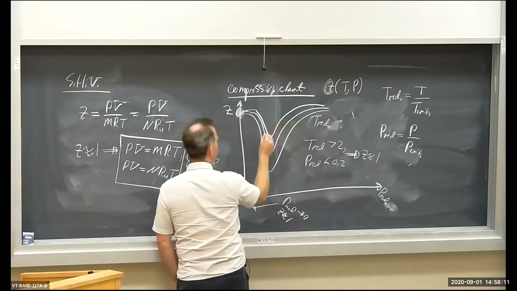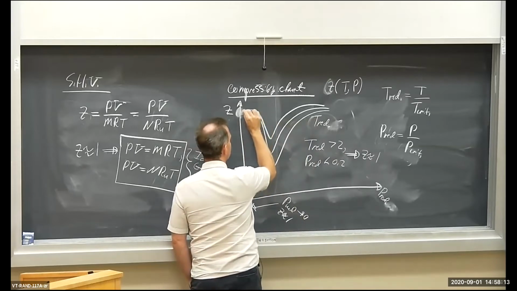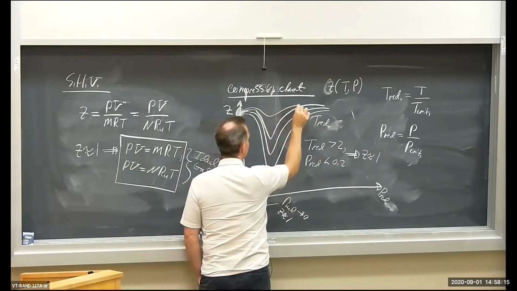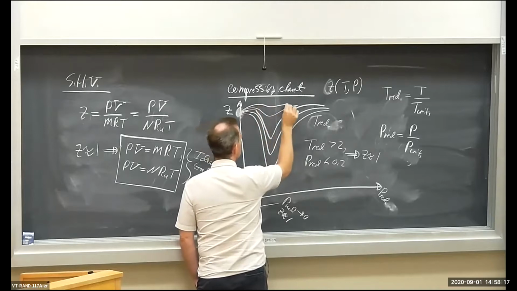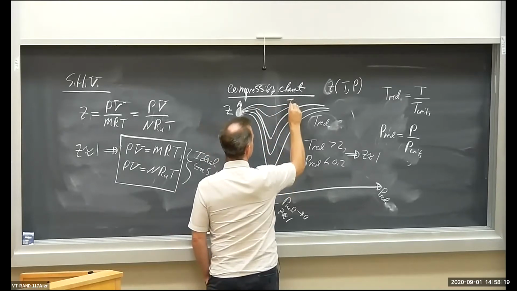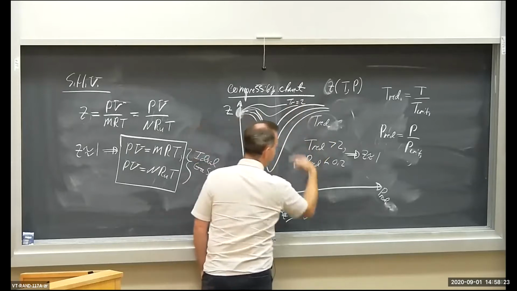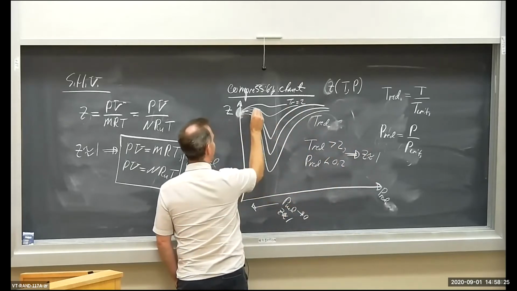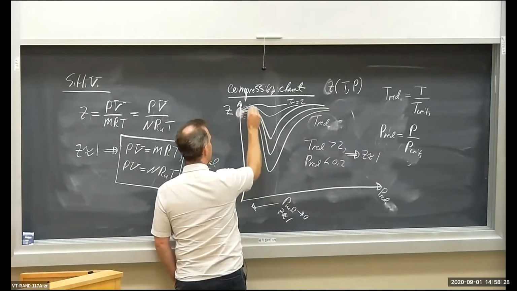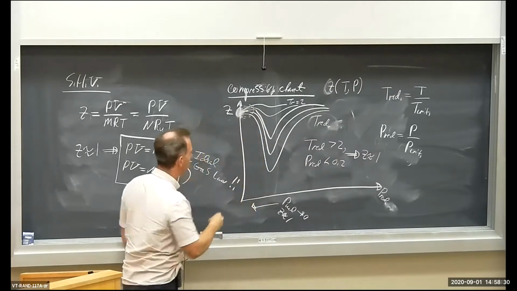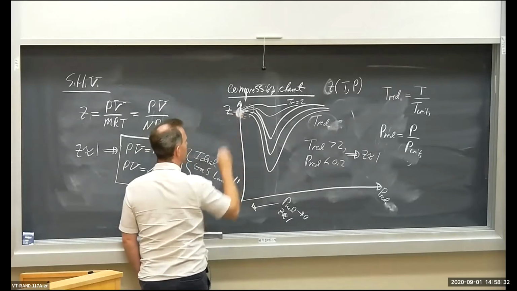That puts us basically, let me put in a few more reduced temperature curves. So this is T reduced equals 2 right here. So using this rule here, we end up staying right in this region where Z is approximately equal to 1. Okay, Z is 1 right there.